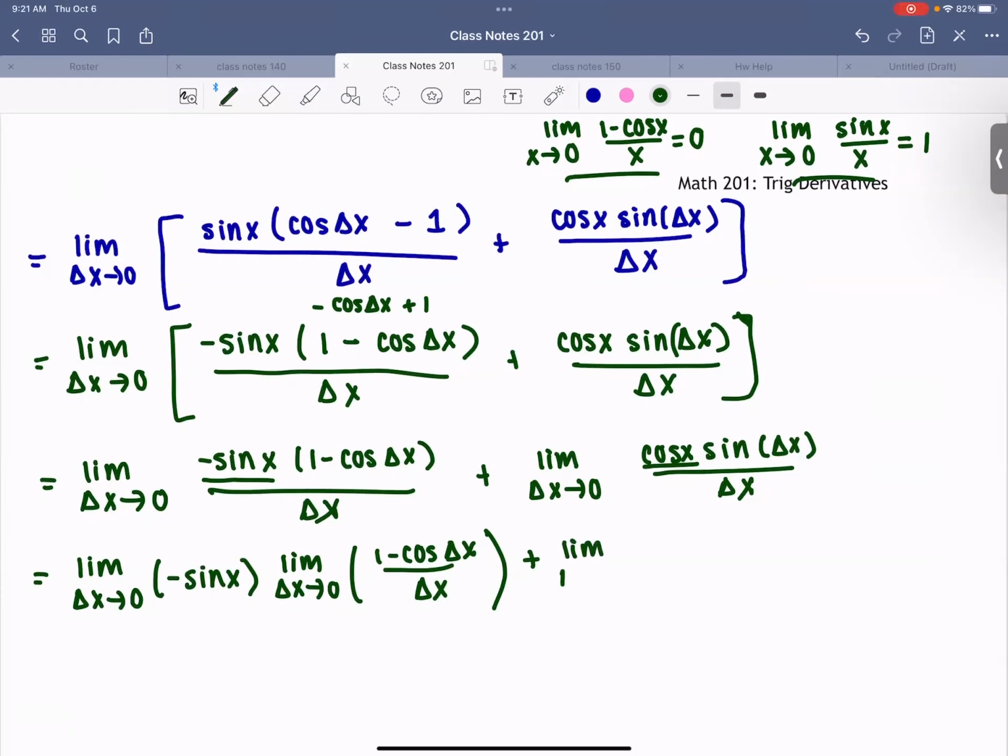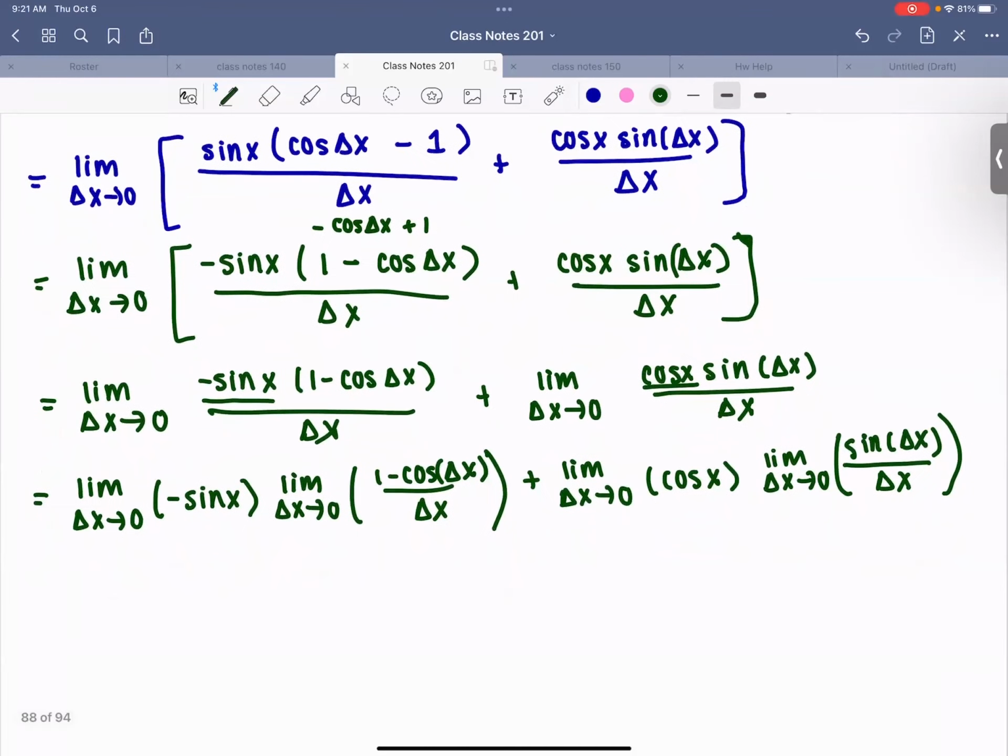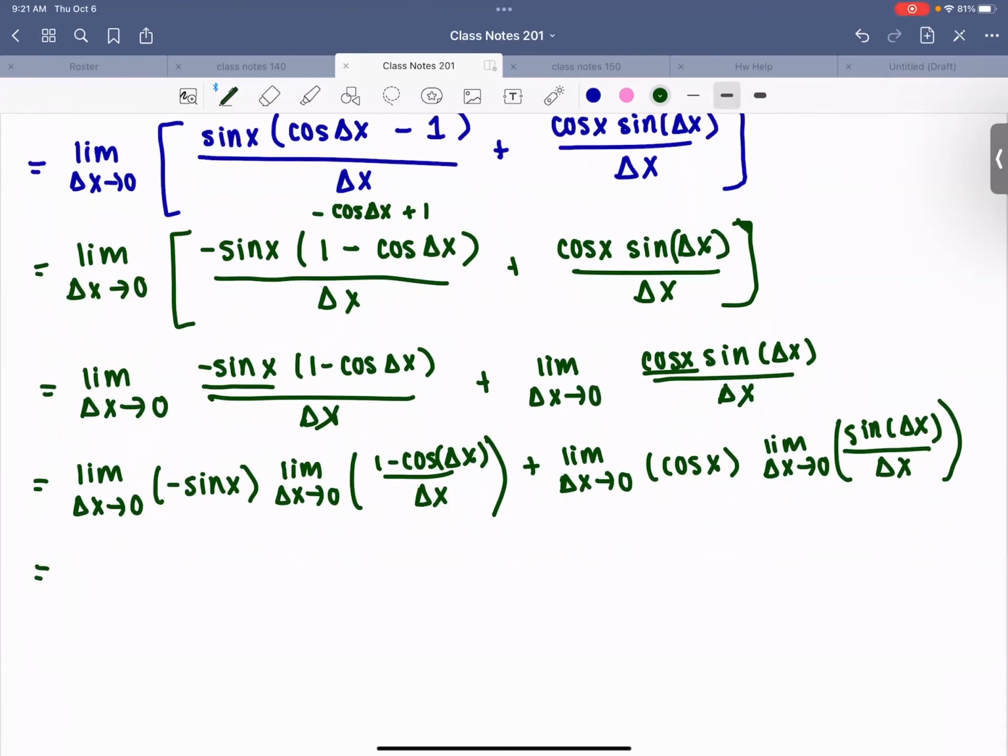The limit as delta x goes to 0 of cosine x times the limit as delta x goes to 0 of sine delta x over delta x. Okay, so all I did was split up everything into their own limits, and now we have those identities right up on top, right? Okay, let's go through each of these limits.